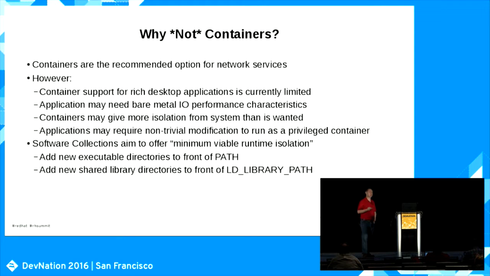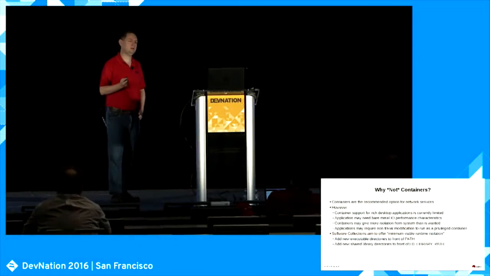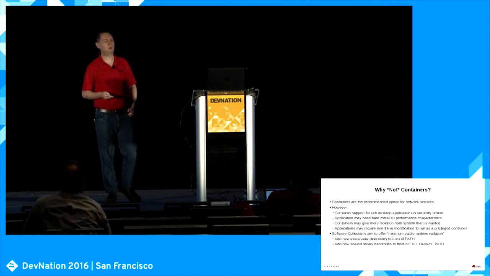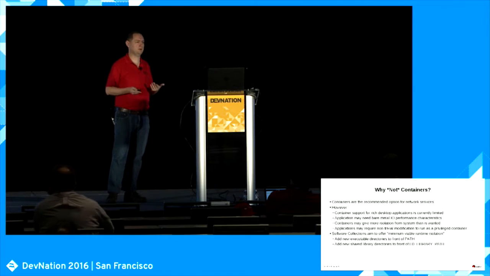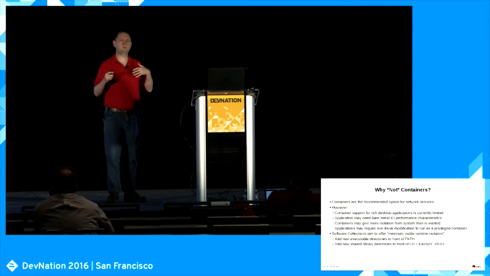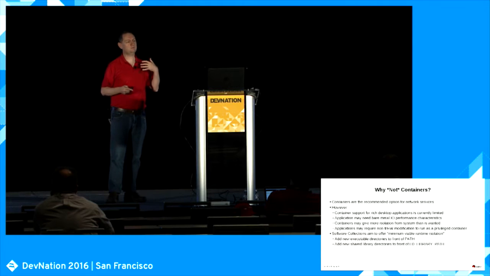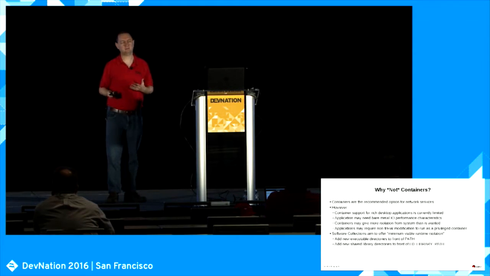And in other cases, containers simply give you more isolation from the system than you actually want. There are mechanisms in there, particularly super privileged containers, that give you full access to the host system, but it may require some non-trivial modifications to your application to make it container aware and actually let it work that way. And so Red Hat offers an alternative, and software collections aim to offer minimum viable runtime isolation.